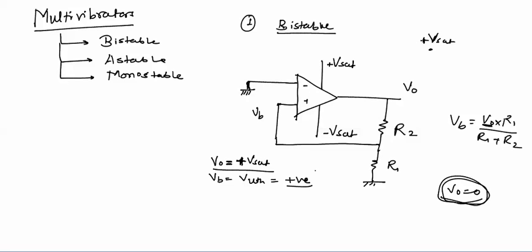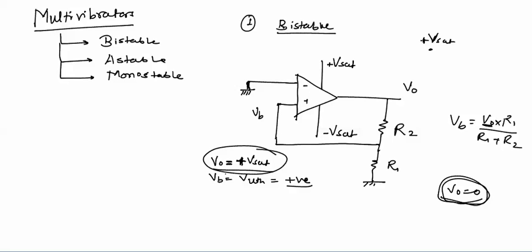And if VB is positive, VA is 0, VB is greater than 0, which means VB is greater than VA and output will be positive. Now in this circuit we don't have any element which can change the difference between VA and VB, which can make VA greater than VB, so output will always remain at plus Vsat, meaning plus Vsat is a stable state.